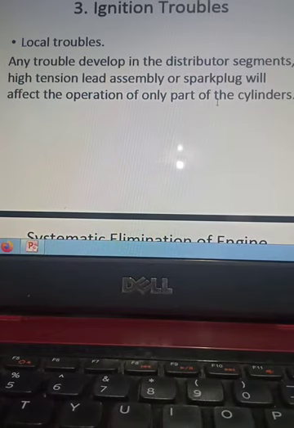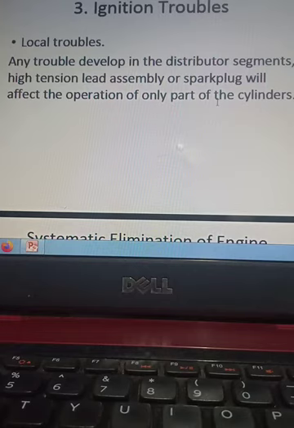So that is the local troubles for the ignition. Okay? So in the internal combustion engine, if there are troubles, they are classified into local and general.